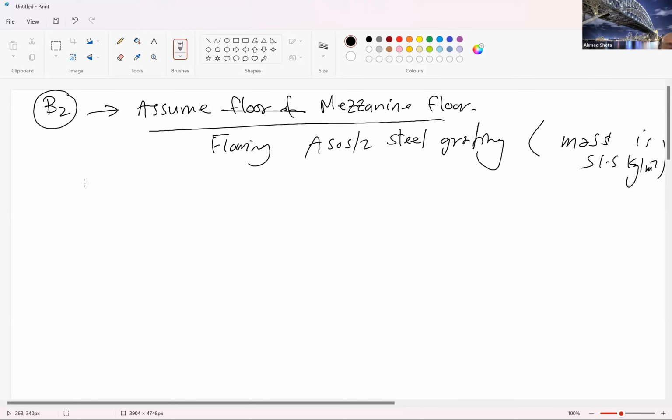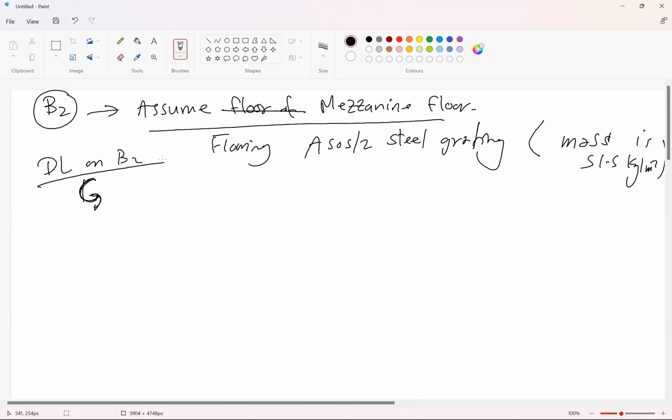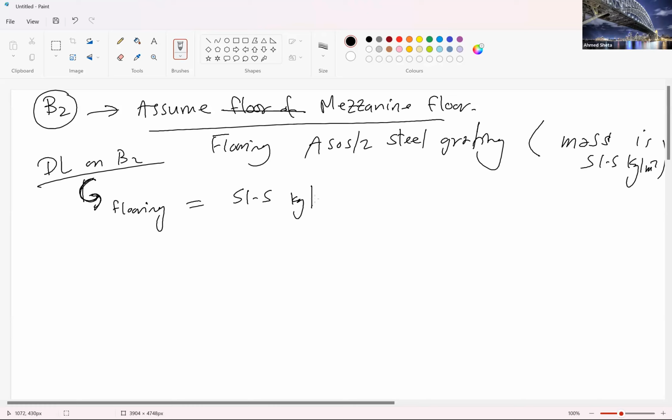So for example, if I want to calculate G, the dead load on B2 from this. So G for the flooring will be 51.5 kilogram per square meter. This is the mass.